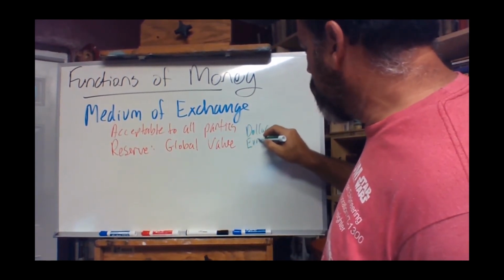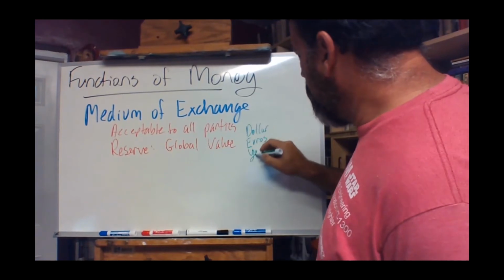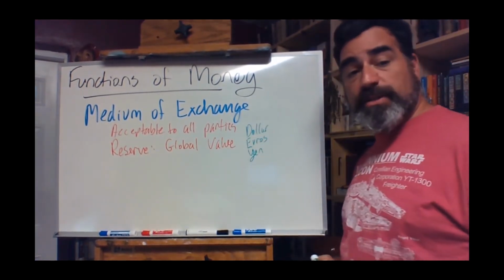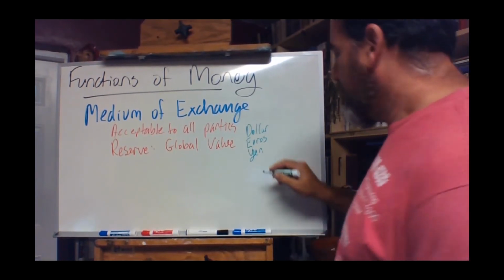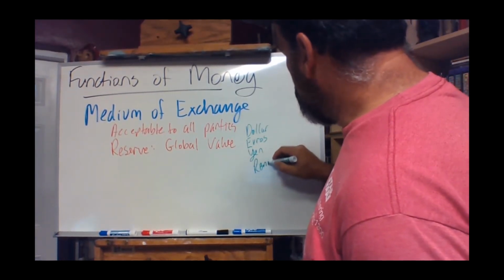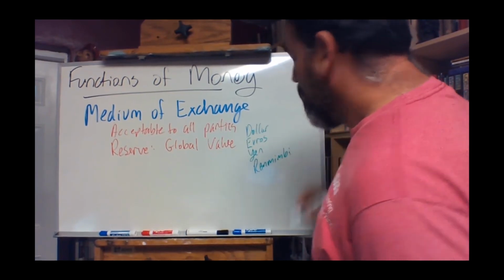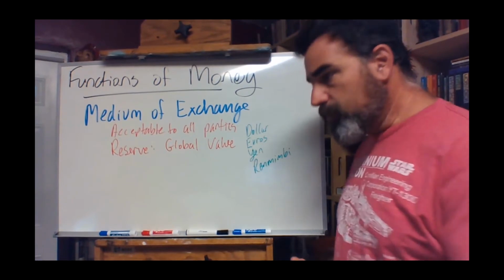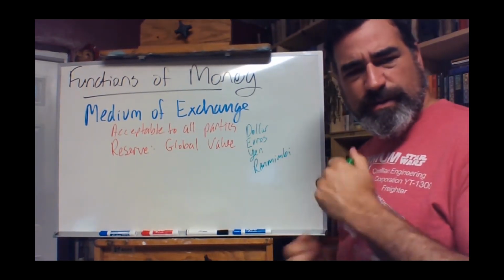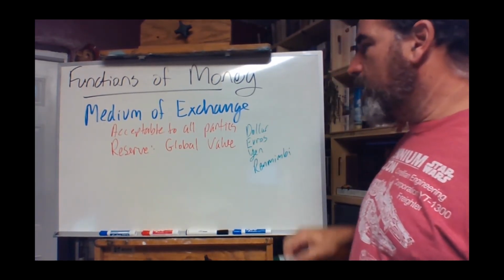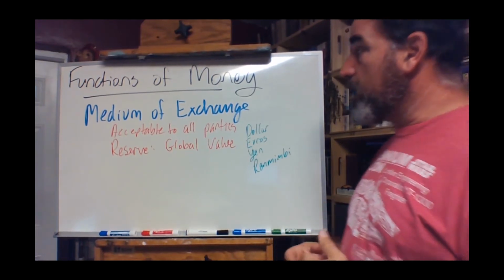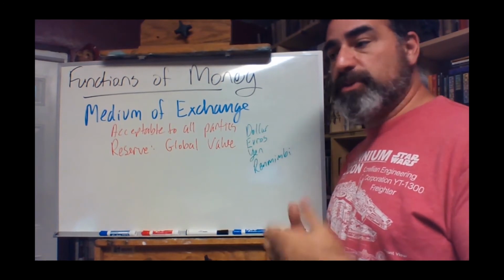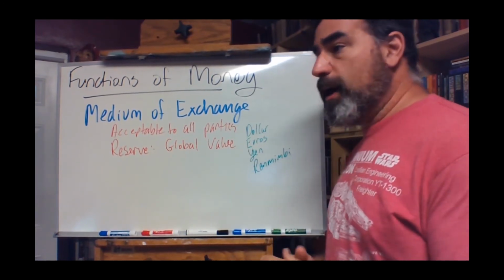To a certain extent, euros also work, yen, Japanese currency works, and now increasingly because of the economic power of China, you have what's called the renminbi, the Chinese yuan, becoming kind of a global currency, right? So that's one of the characteristics of dollars. It's a medium of exchange that everybody accepts as being valuable, so everybody will accept the exchange, right?